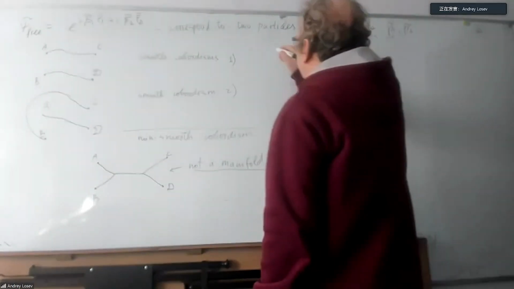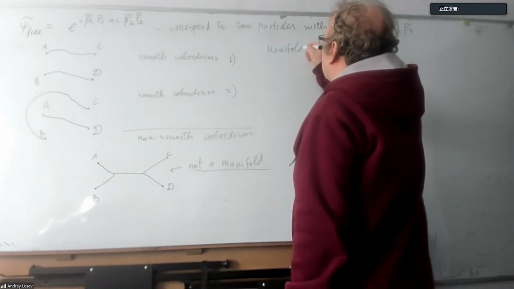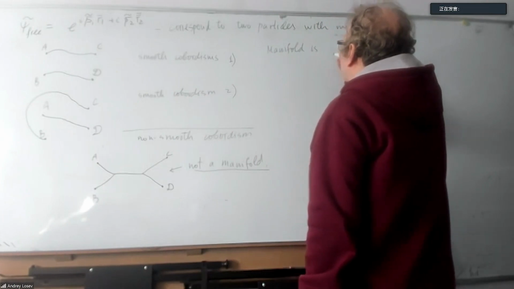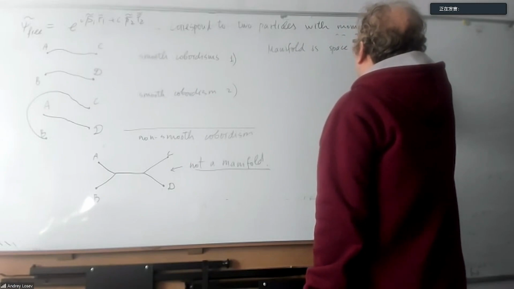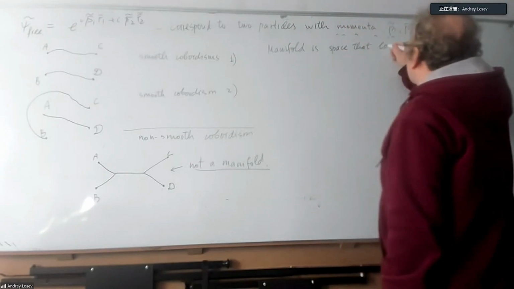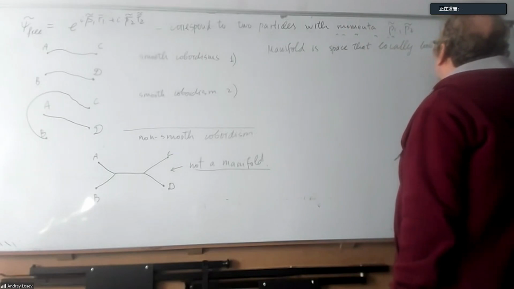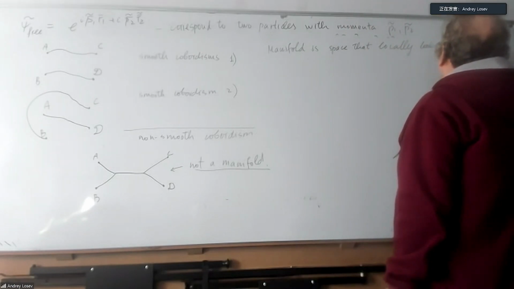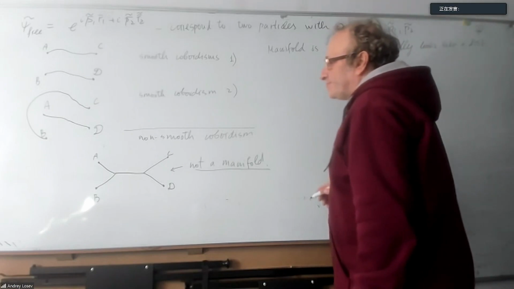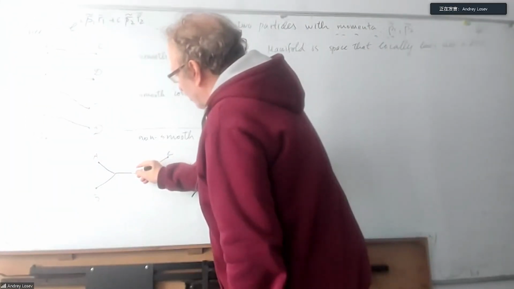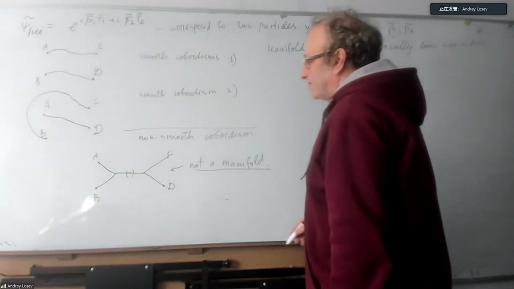Actually, let me remind you that a manifold is a space that locally looks like a disk. So here it really locally looks like a disk.